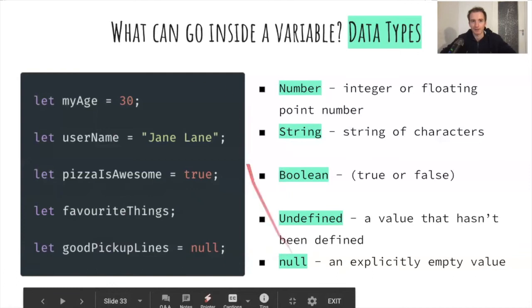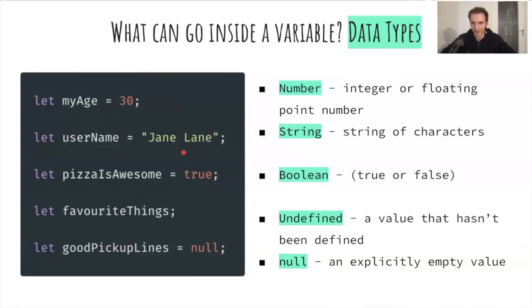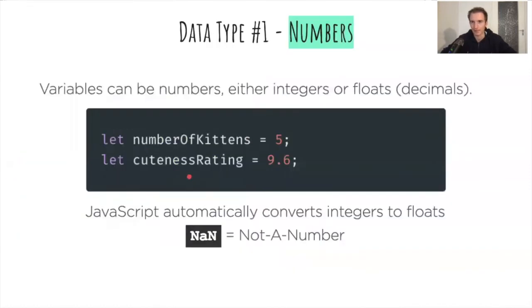Okay, so I'm going to go through each of these data types. We're going to talk about numbers and strings and what we can do with them in this lecture, and in the next lecture, we're going to talk about Boolean values. Okay, so numbers. In general, there isn't a difference between an integer value or a float value, a number with decimals.